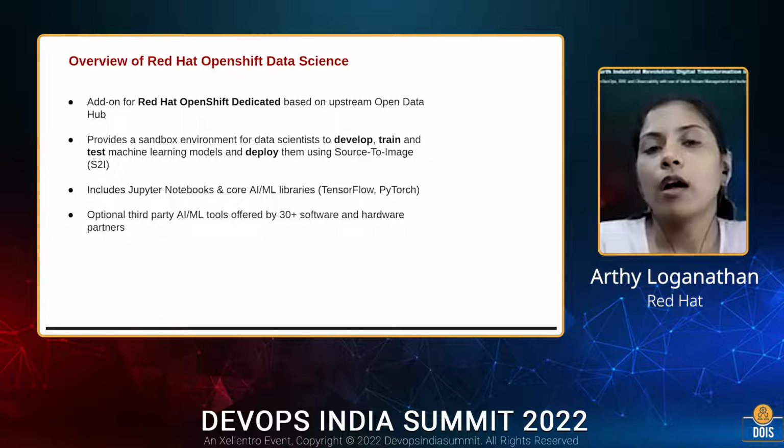This service allows data scientists to develop, train, test, and deploy machine learning models using the source-to-image feature, and it has a Jupyter notebook and core libraries such as TensorFlow, PyTorch, etc. And it allows you to access third-party tools from 30 plus partners.